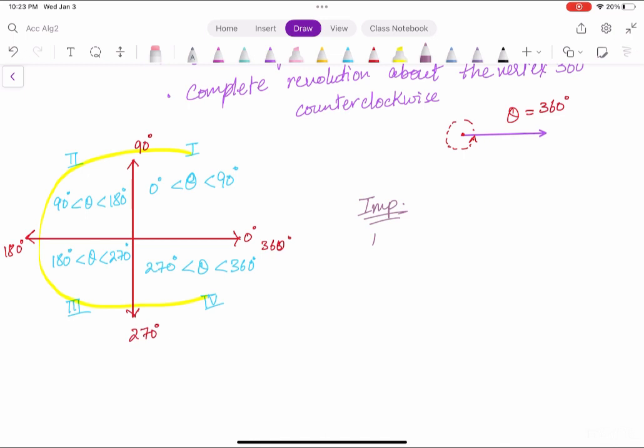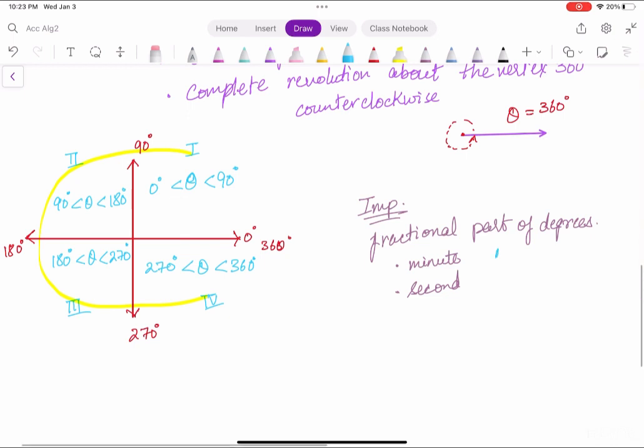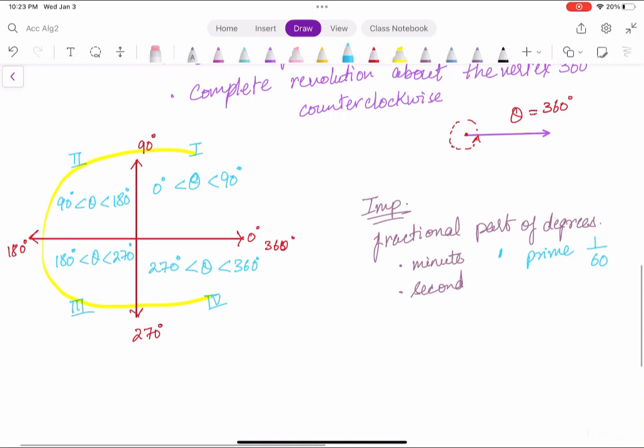Traditionally, the fractional part of the degrees was represented in the form of minutes and seconds. So the fractional part of degrees is represented by something called minutes, which is represented by a notation called prime, and seconds are represented by two small lines, that is called double prime.